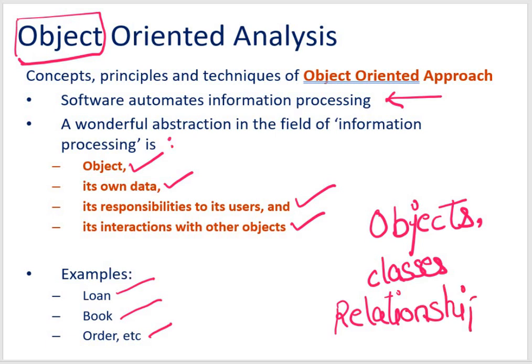Right, so I need to look for the relationships as well. It also identifies the main attributes and operations that characterize each class. So the process of object modeling can be visualized as: identify the objects, identify the relationships, come up with the diagram, define the attributes, define the operations, and you are good to go.